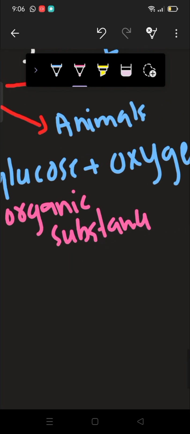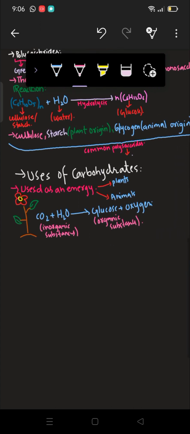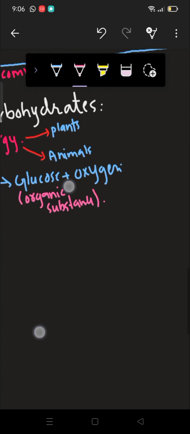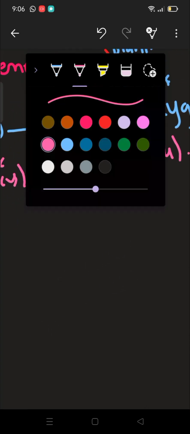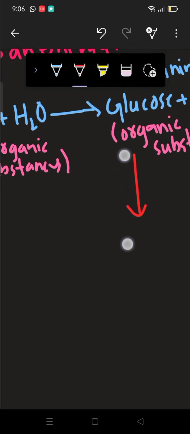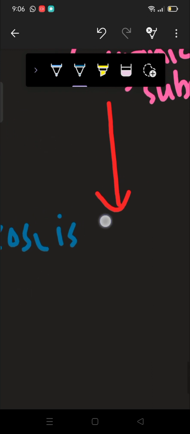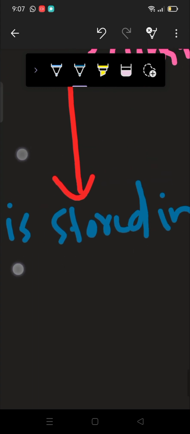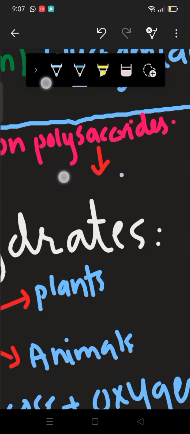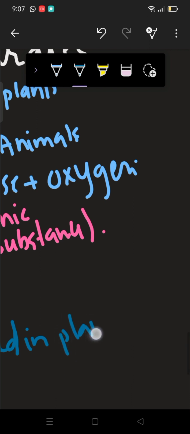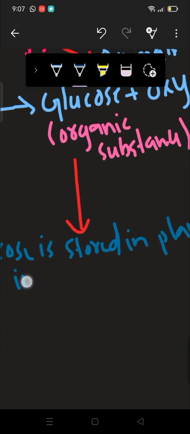So plants are preparing glucose, and glucose is stored in the plants in the form of starch. Let me write this as well. So glucose is stored in plant's body in the form of starch.